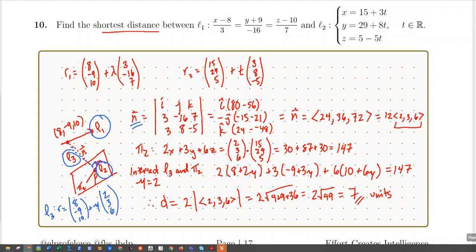And we're going to take that line 3 and substitute it into our plane 2, where plane 2 has line 2 involved with it. So, somewhat complicated problem, but really gets to the idea of finding distances for vectors.